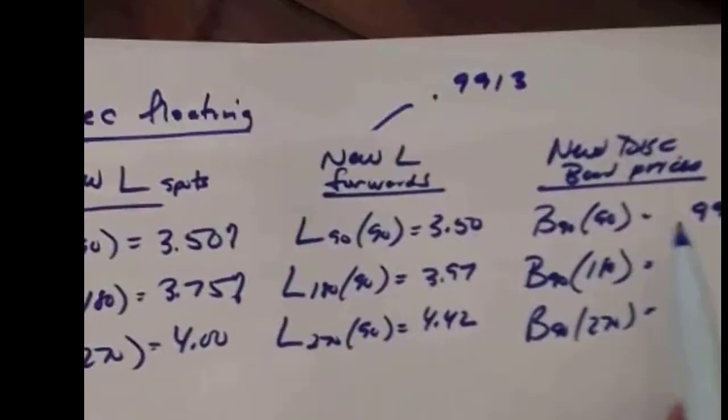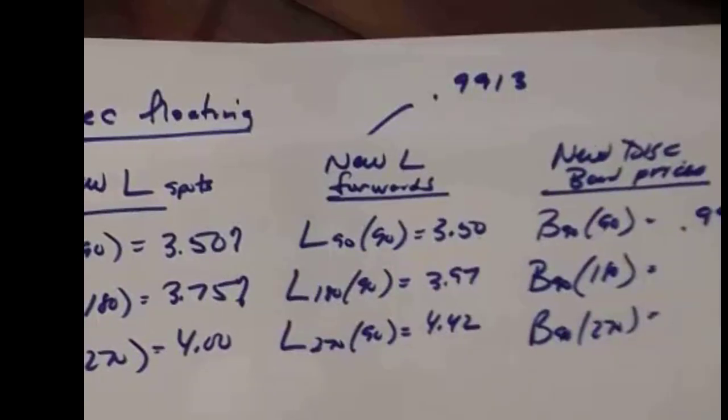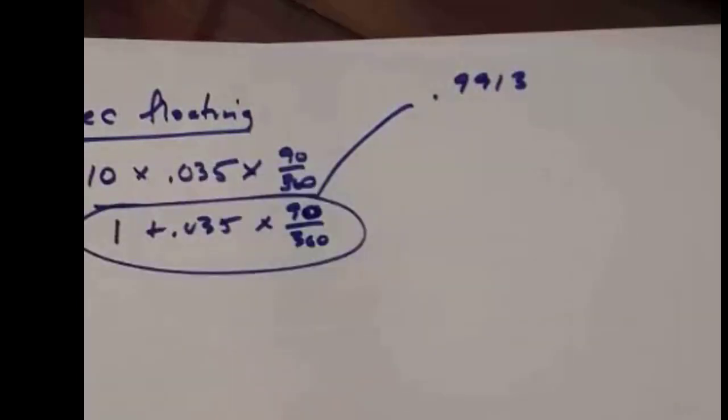And that is our first discount bond price, 0.9913. So if you invest 99 cents now for a quarter of a period at 3.5%, you'll end up with $1. That's how you interpret it.